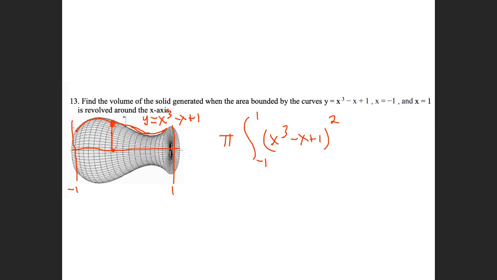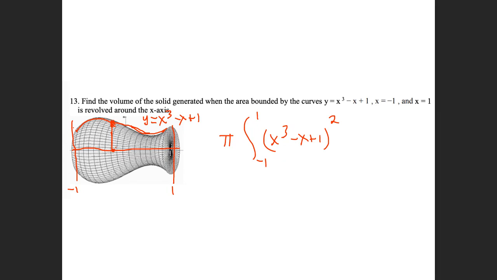Now, this is definitely a calculator-based problem. They would not ask you to find this without a calculator, because it would be a very difficult problem. You'd have to FOIL this out and then find the integral of each piece. That's not usually how it's done. Some of the problems, yes, they'll ask you to not use a calculator, and on the assessment this week, I do ask you to do a couple problems without a calculator.